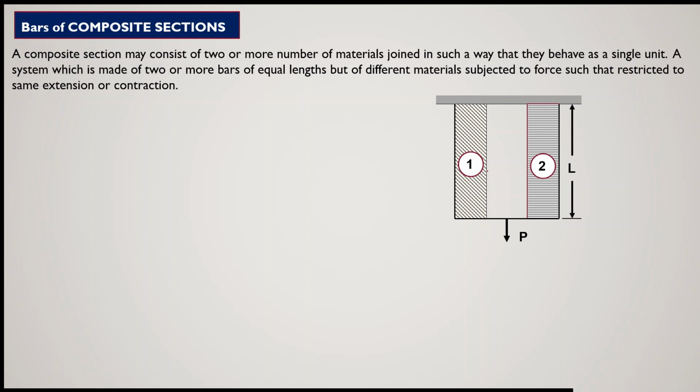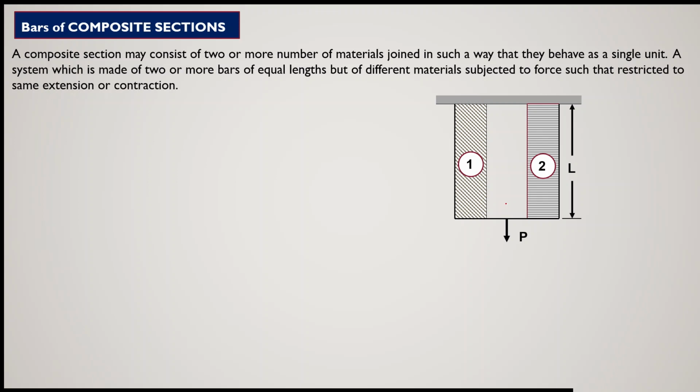So in other words, because the length of both members is the same and the extension is the same, the strain will be the same in member 1 as well as member 2, but they will share the load according to their property.